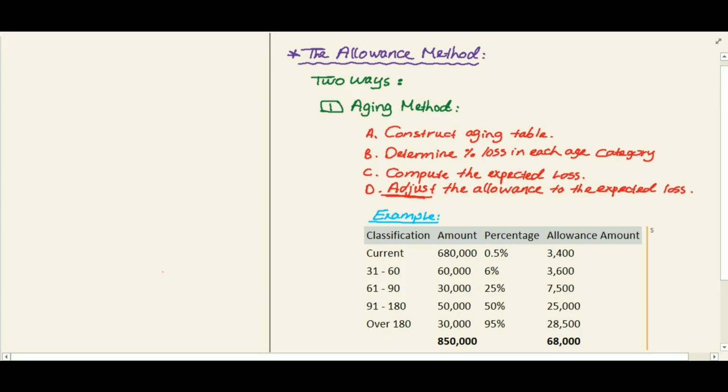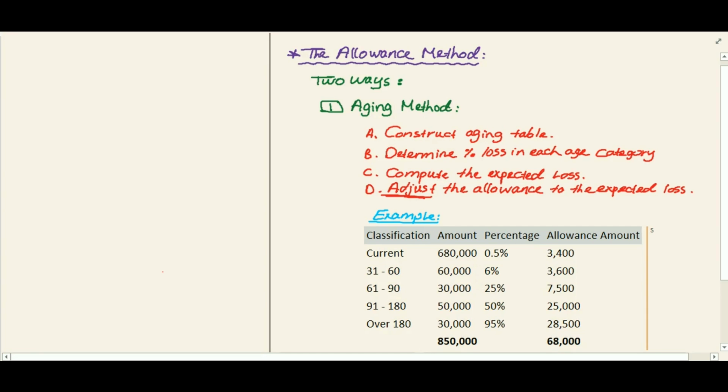And after that, we just multiply by the percentage. So when you multiply 60,000 by 6%, it will give you $3,600, and so on for the rest. Then you will get the total.